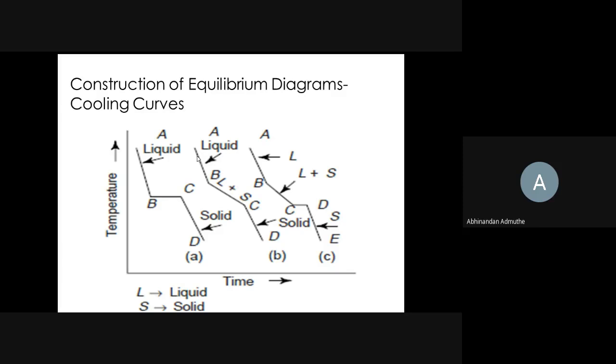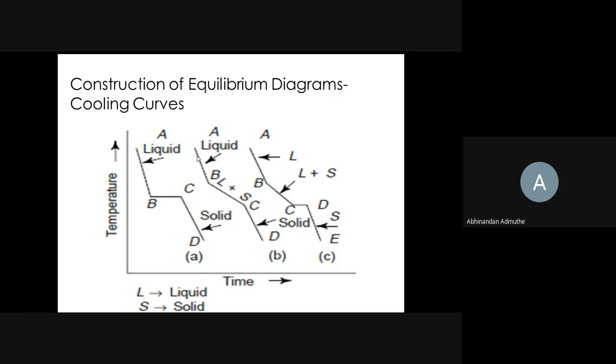Suppose you want to construct the equilibrium diagram for the lead tin system. Let us take first of all 100% lead. First of all, place the pure lead, 100% lead, into the crucible. Commonly used crucibles are graphite crucibles. Place it into the furnace and heat it to around 200 to 220 degrees centigrade. It will melt.